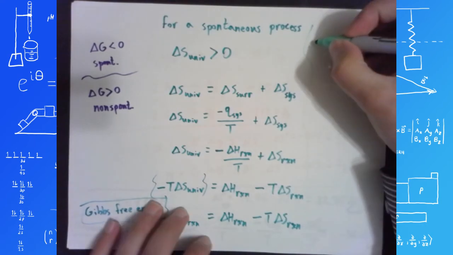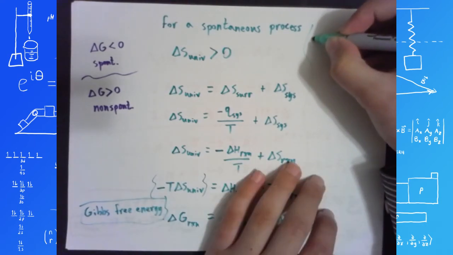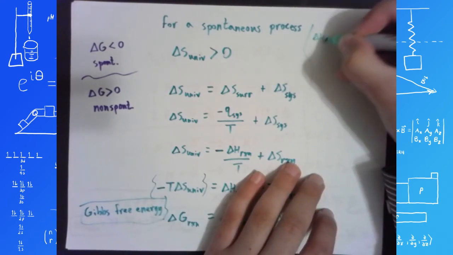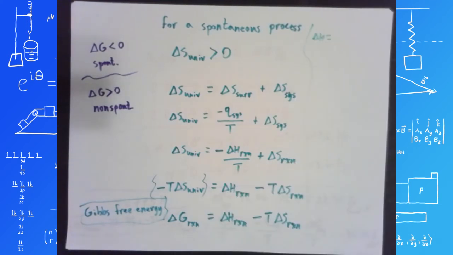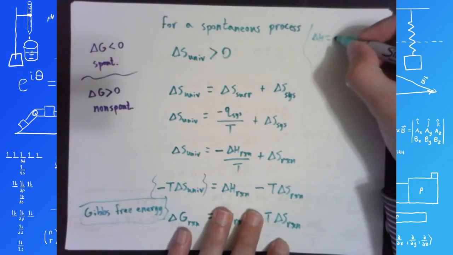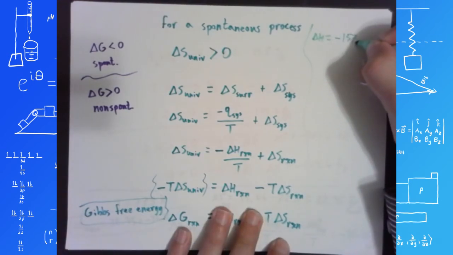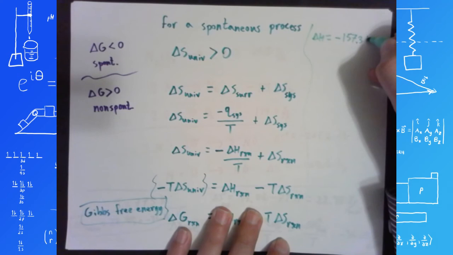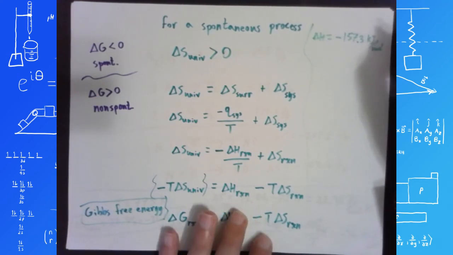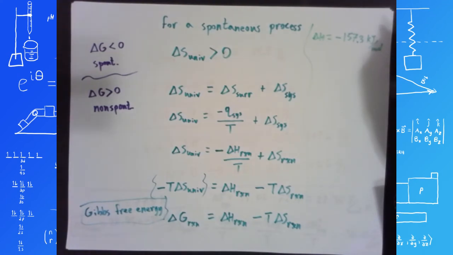So delta H equals negative, what did it say, 157.3. Negative 157.3 kilojoules per mole. Be careful with the units because the entropy is given in joules per mole Kelvin.